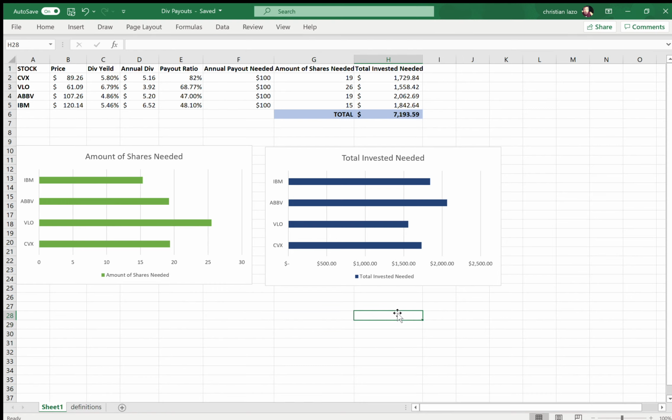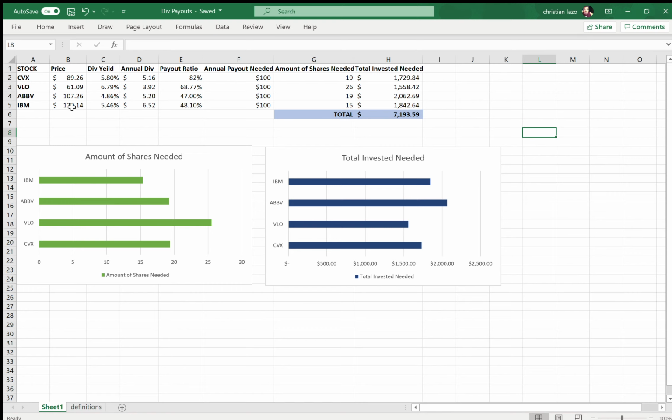Okay, I wouldn't be a savvy investor if I didn't have these graphs. Alright, so the total that I need is 7,200, and that's the way I use the spreadsheet when I want to invest in dividends. So for me, if I were to invest in all these 4 companies, this is what I would need in total.